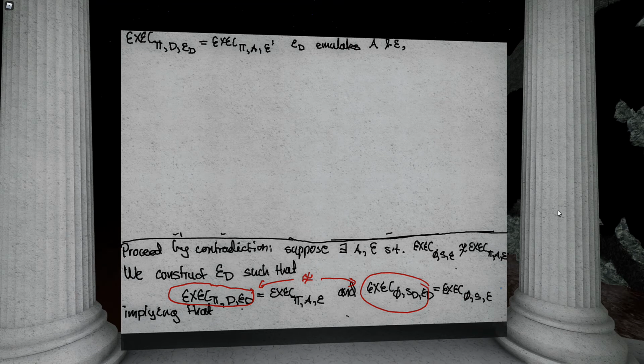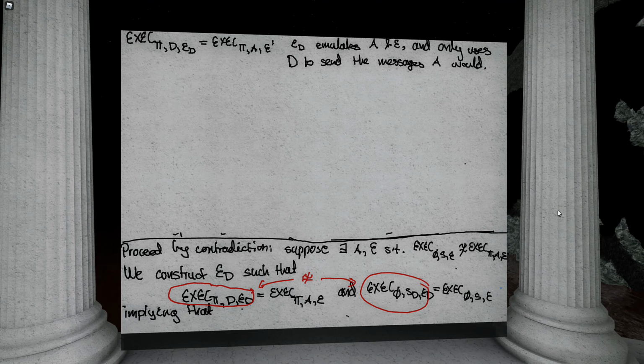All it's doing is using D to send the messages to pi that A would have sent anyway. So in other words, the messages that make it to the party are exactly the same messages that A and E together would have sent to the parties. Therefore, also, it halts whenever E does and outputs whatever E would, so the executions are in fact identical, they're equal, because by construction it does exactly the same thing. Okay?